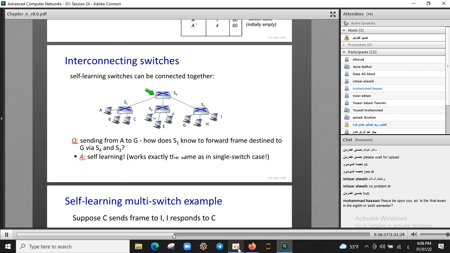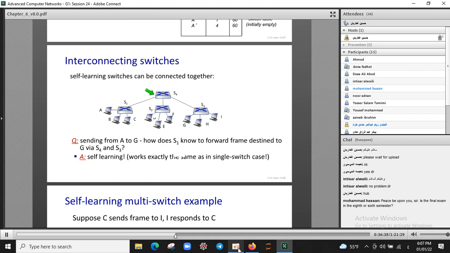Several small switches in different floors of the building, and at a higher level a stronger switch to connect those smaller switches together.